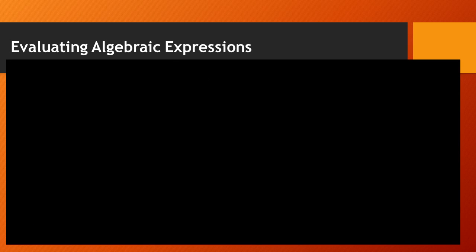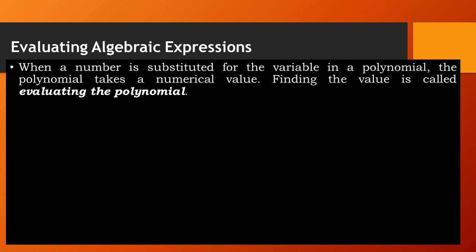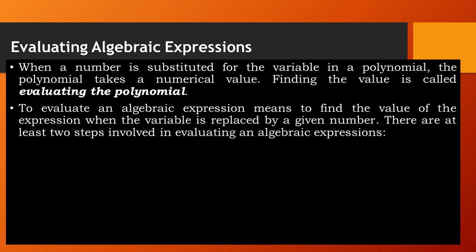Next, we have evaluating algebraic expressions. When a number is substituted for the variable in a polynomial, the polynomial takes a numerical value. Finding the value is called evaluating the polynomial. To evaluate an algebraic expression means to find the value of the expression when the variable is replaced by a given number.